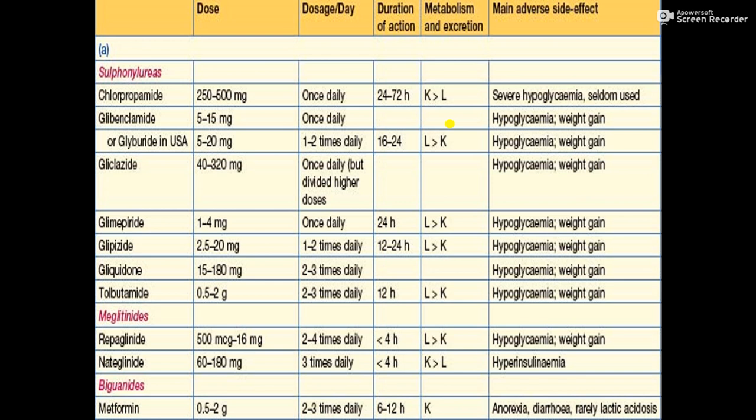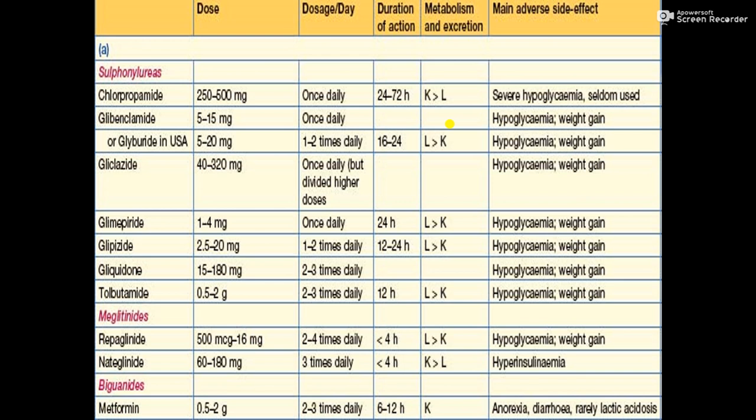Insulin reduces the glucose concentration in the blood, while glucagon increases it. So they are inversely proportional to each other.